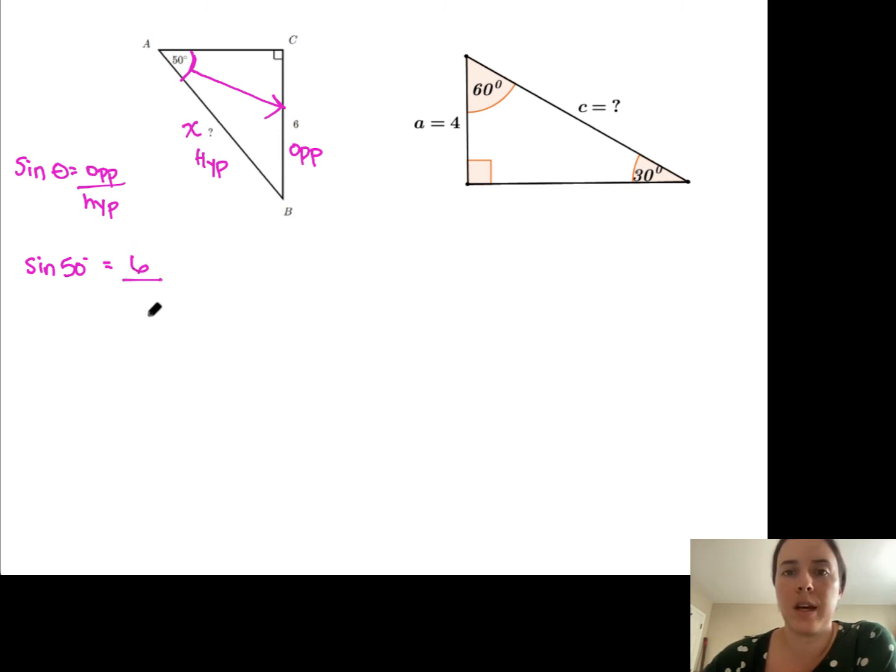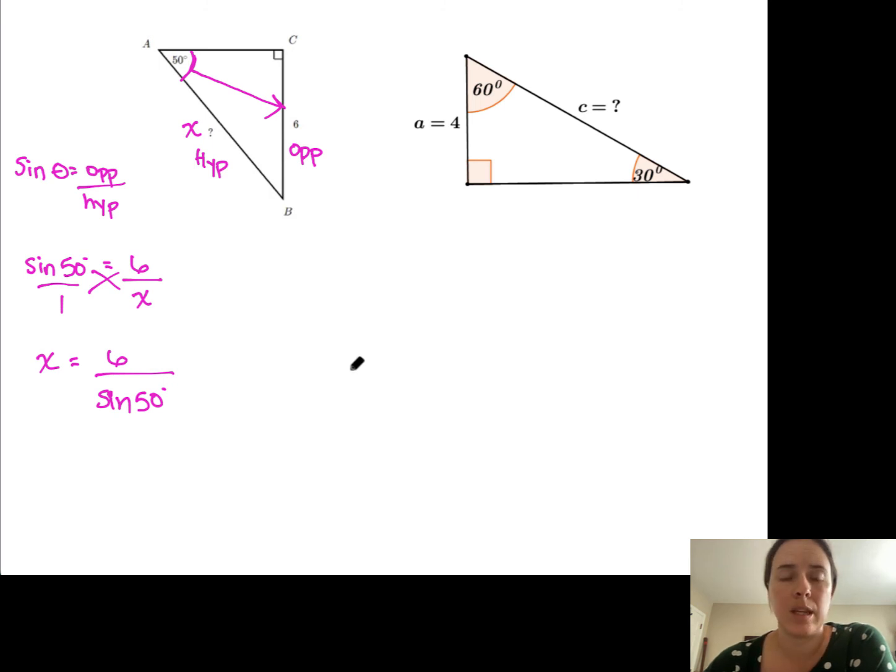Let's actually just call that x, so we don't have to write hip all the time. All right, so now we're solving for x. So we can cross multiply insofar as my x goes over there, and then my sine 50 comes down here. So I skipped a few steps here, but I'll leave it as an exercise to see if you get the same thing.